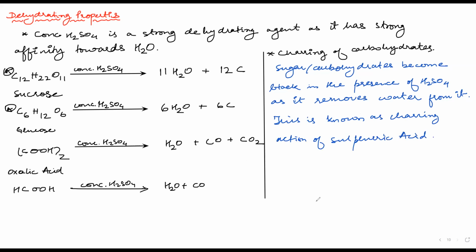So concentrated H2SO4. Now in the same slide I'm writing uses, just copy these uses. These carbons are completely black in color. Now in uses, what will be the first? It is used in petroleum refining.